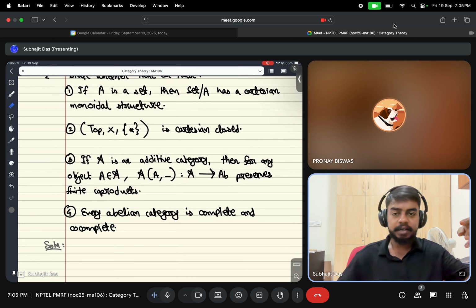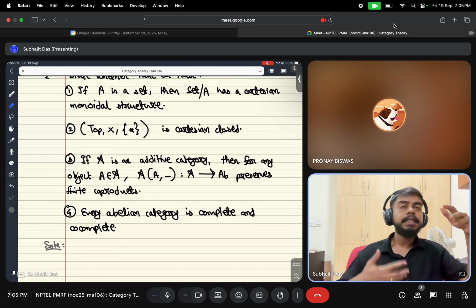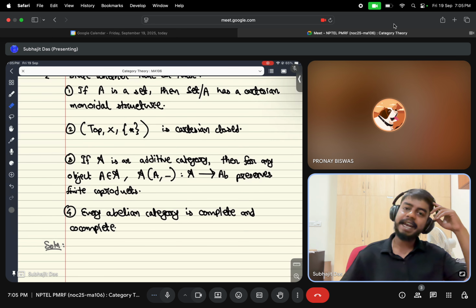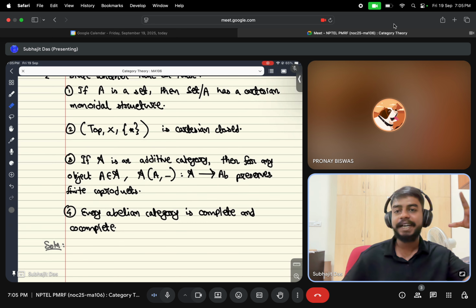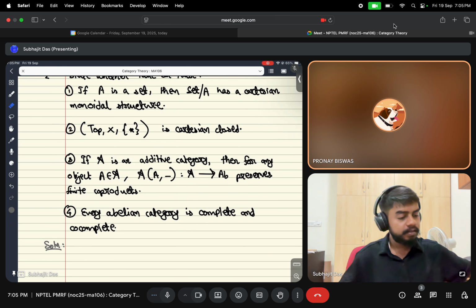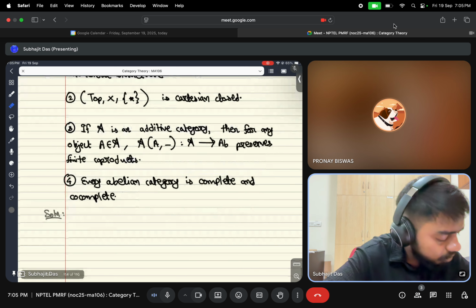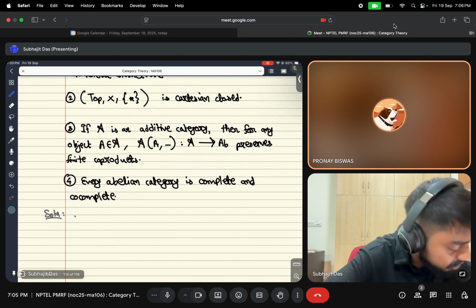Rather the other way, that is the Cartesian product, I mean the categorical product, in the slice category set over A, are exactly pullbacks in the category of sets. So I'll just mention this.